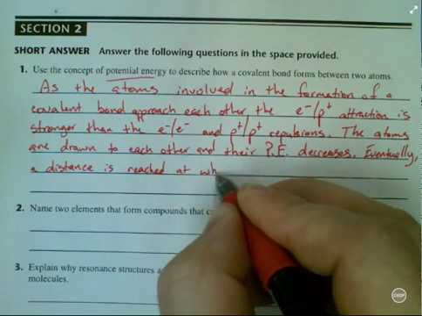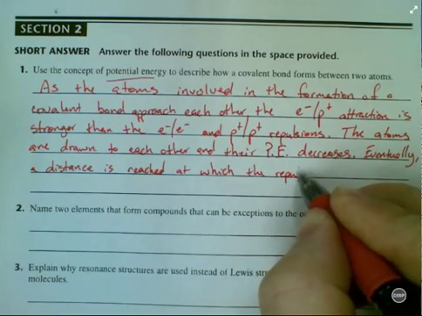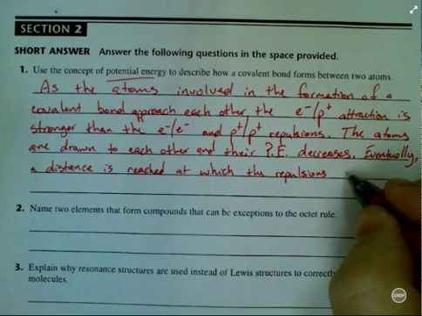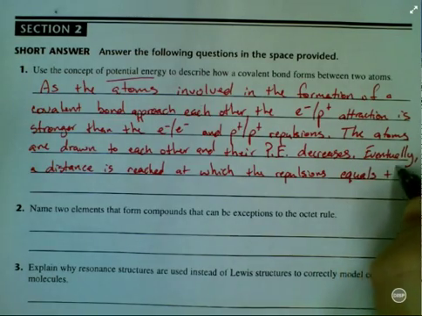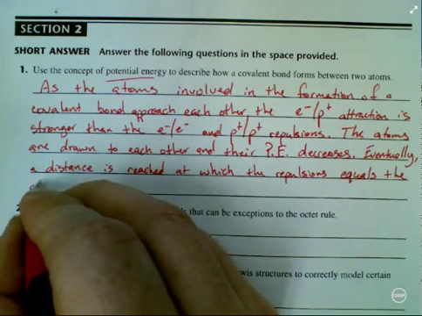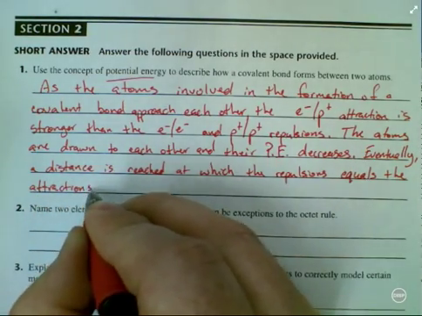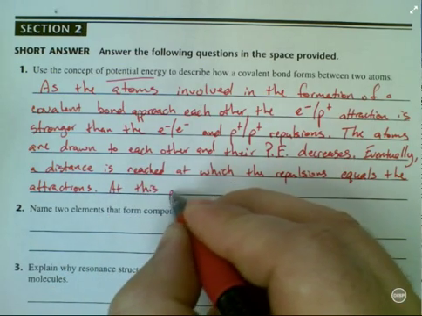A distance is reached at which the repulsions equal the attractions at this point.